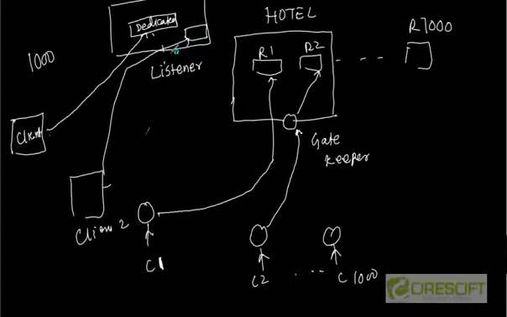So in our next video we are going to discuss something called the shared server approach. With this I'm going to conclude this video, and watch the next video to understand how shared server works.